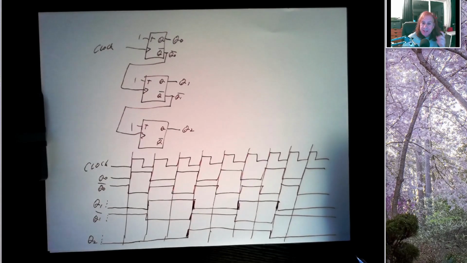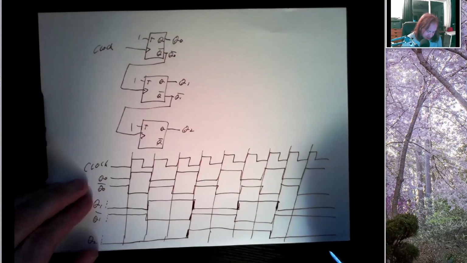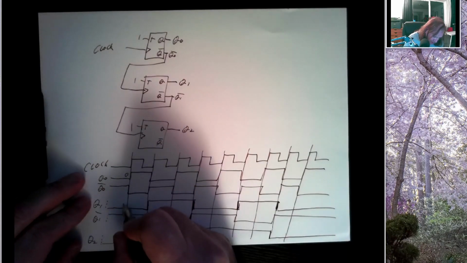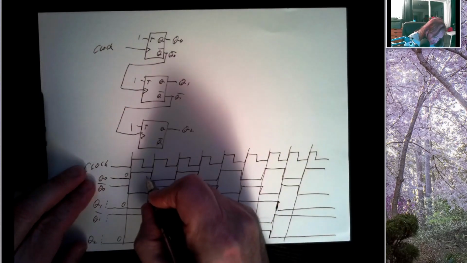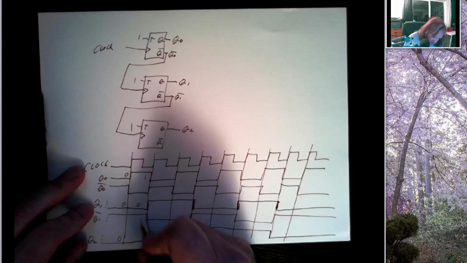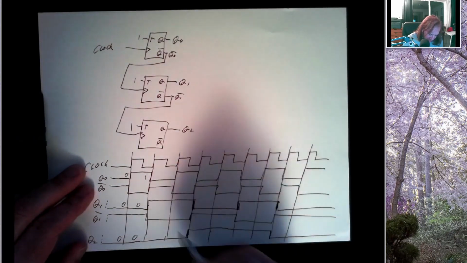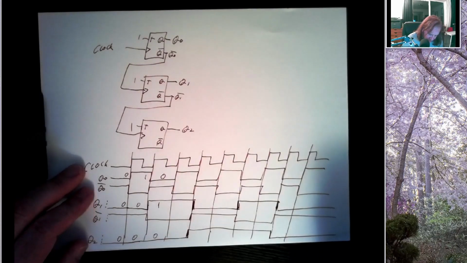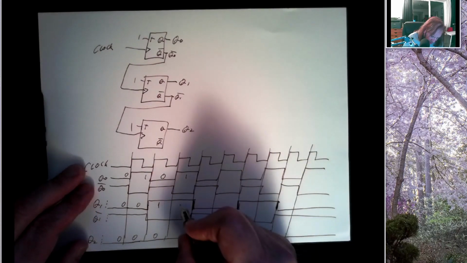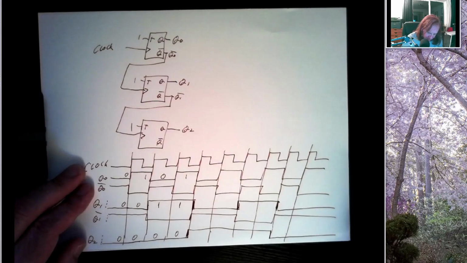So let's take a look at the values of Q0, Q1, and Q2. Here we've got a 0, 0, 0. Here we've got a 1, 0, 0. Here we've got a 0, 1, 0. Here we've got a 1, 1, 0.